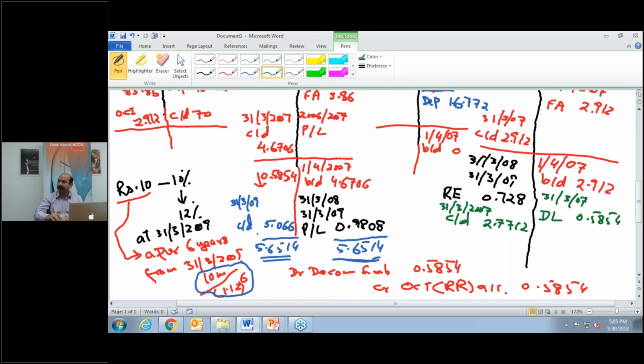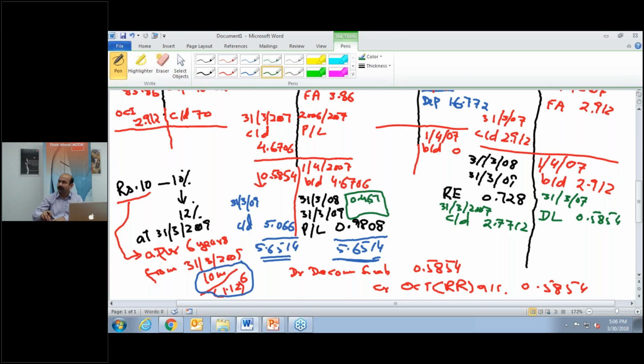If I calculate 4.6706 into 0.1, this is 0.46706. I will mention it separately by putting a box over here, so I hope other members will not be confused. So for 2008, this is 0.467.